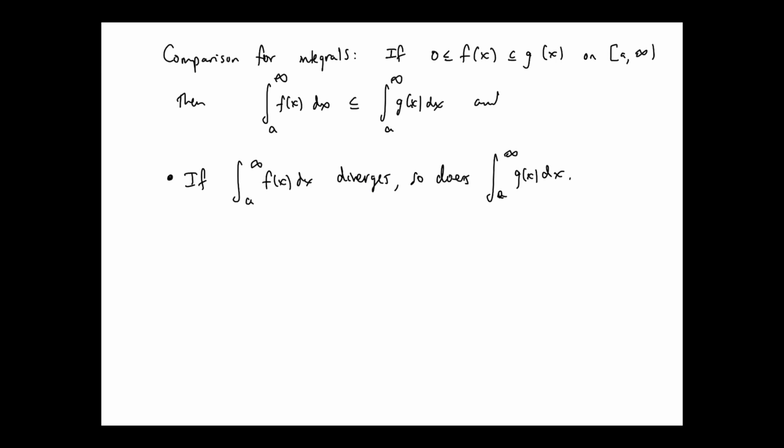Well, then what's the bigger one got to do? It also has to diverge, right? And on the flip side, what happens if, what am I going to write for the second case? Which one is it? If this, well, no, that was for the integral test.